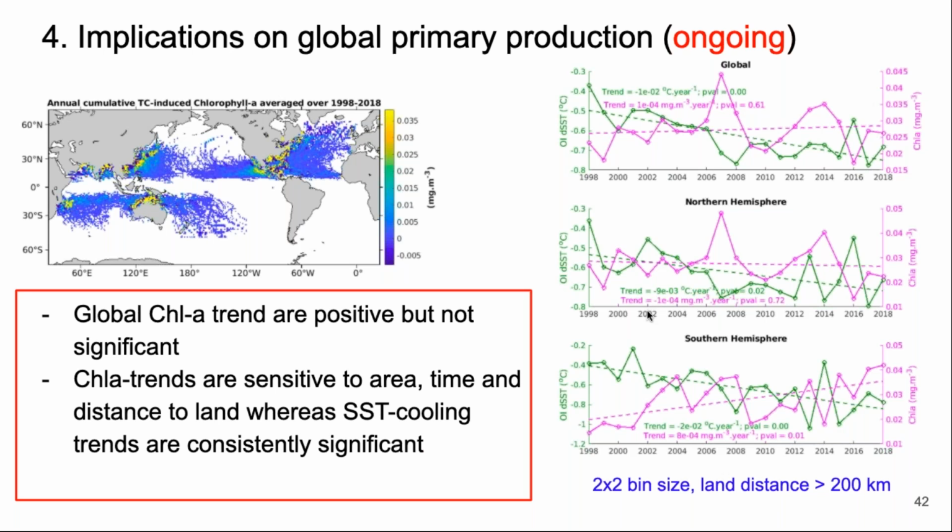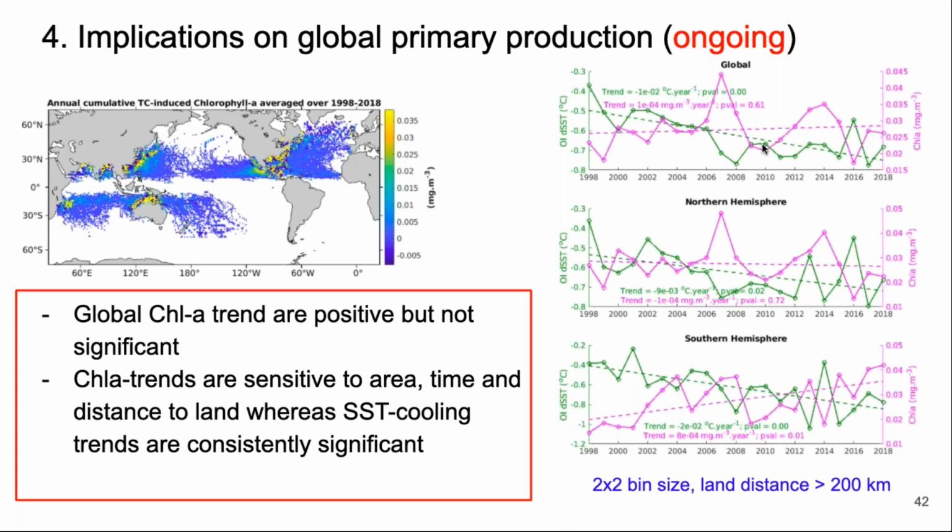So this means that chlorophyll trends are very sensitive to area, time average, and distance to land, whereas the SST cooling always stays highly significant.